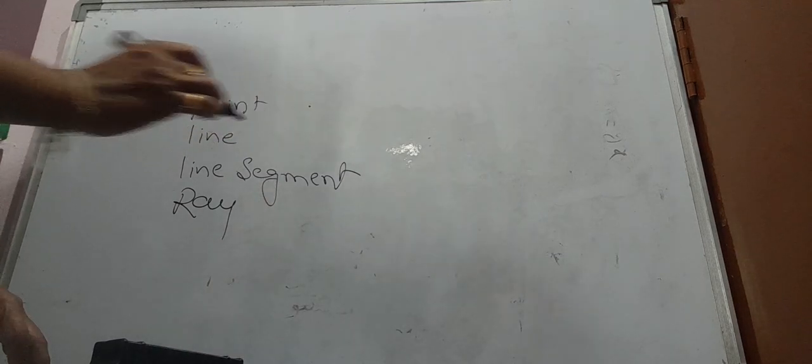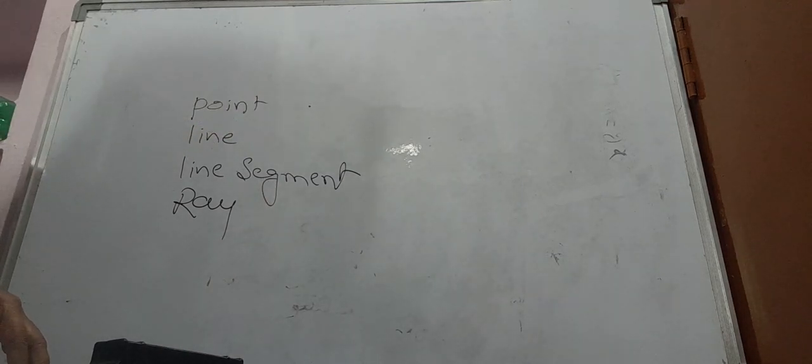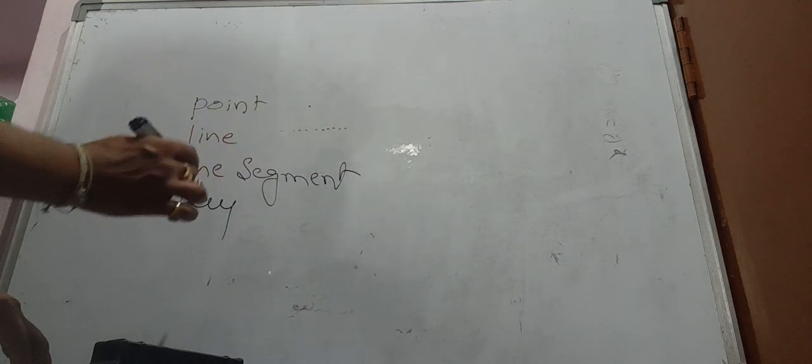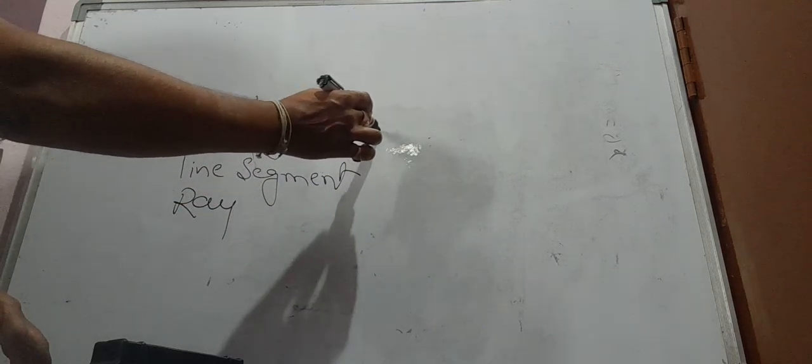A dot. Points are represented with capital letters, and if some points are joined indefinitely with no end points, it is called a line.